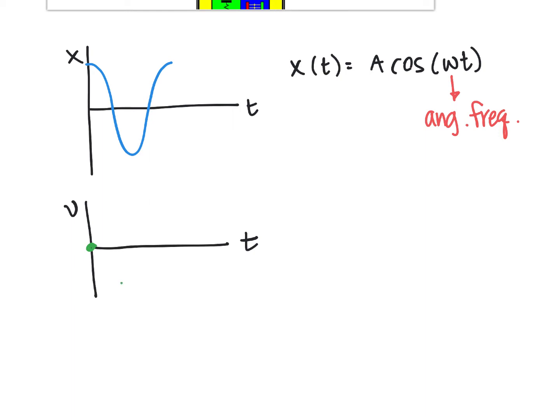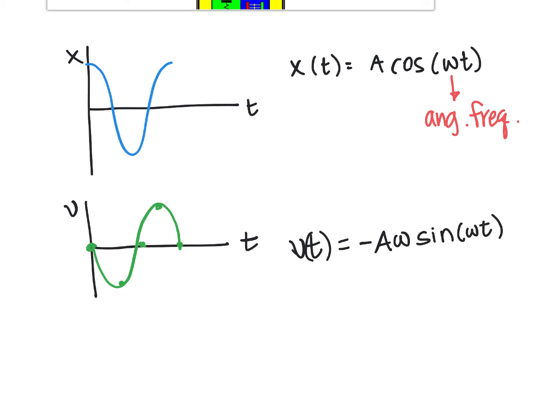So I'll have a negative velocity. And then again, here there is a 0 velocity, and we repeat that pattern and we get this negative sine curve just as we saw before. And so remember, the velocity is the derivative of the position function, and that would give us negative A omega sine of omega t. Again, that omega is still the same as this omega there.